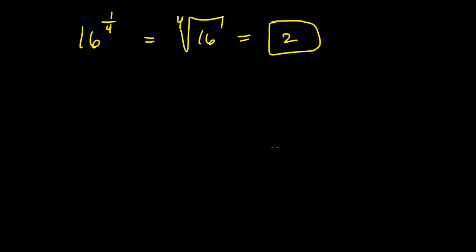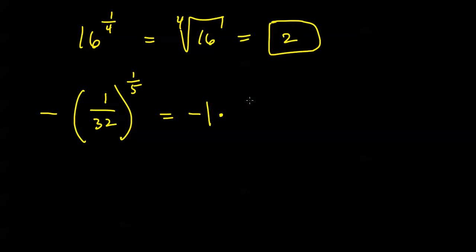How about something a little nastier? How about minus 1/32 is going to be my base, and 1/5 is going to be my fractional exponent. Alright, now don't panic. This negative sign hanging out in front here, all that is a factor of minus 1, but notice that factor of minus 1 happens outside of this exponent process.